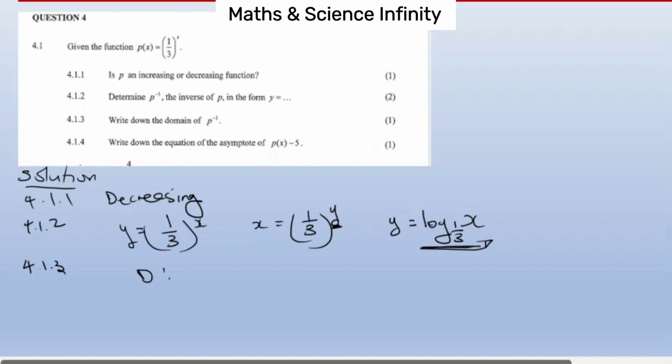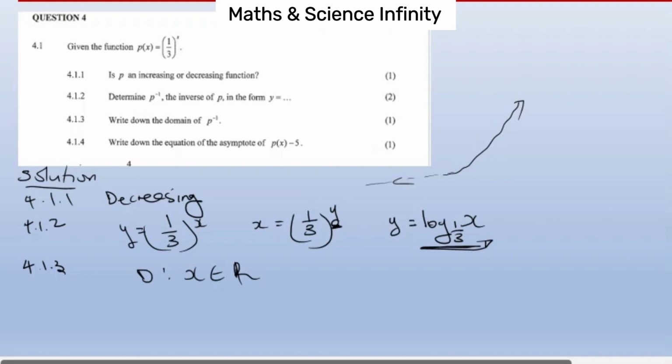In the original function, the domain will be x is an element of real numbers, because it includes all the x-axis. The graph will be growing on the negative side of the axis and also on the positive side.